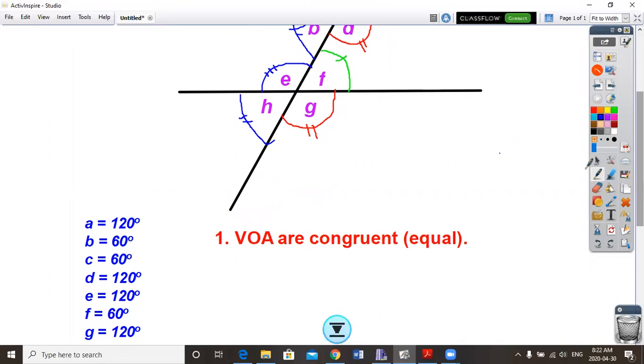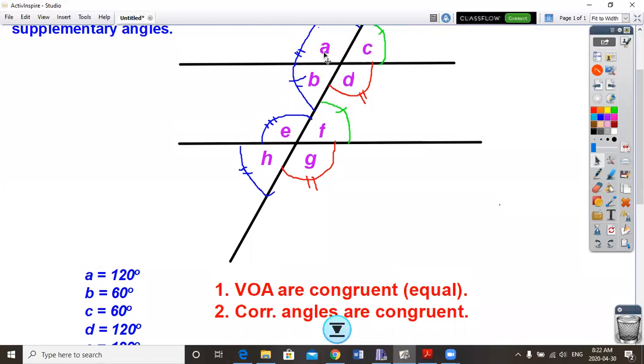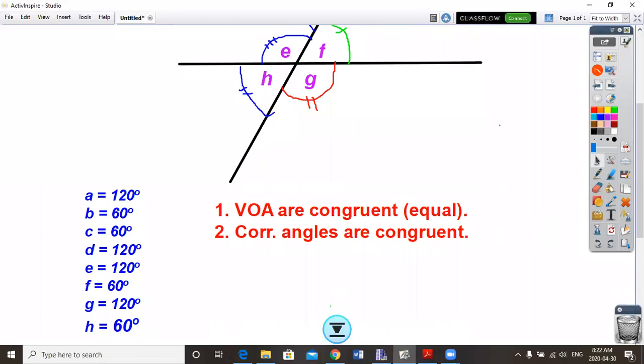So we've learned then that corresponding angles are equal, are congruent. Number two, corresponding angles are congruent, which means that if we knew the measure of angle A, 120, we would not have to measure angle E. We would know that it's 120 because it's corresponding to angle A.